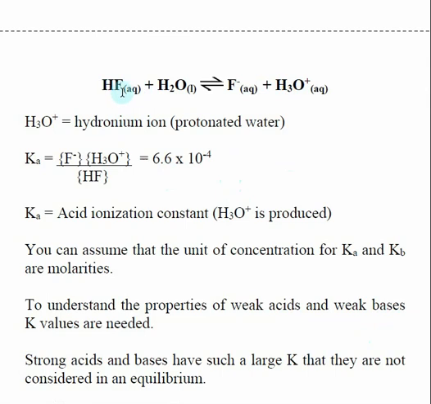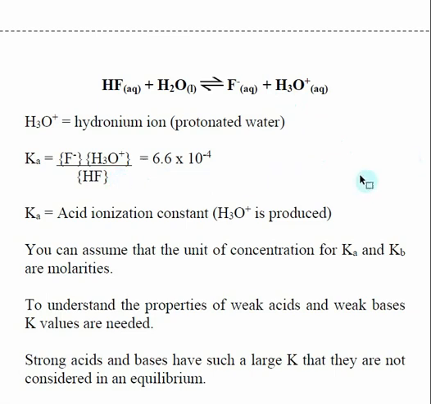So if we put HF into solution, only a very small amount of it will dissociate into H3O plus. So to be able to understand how acidic a solution of HF is, we need to know the equilibrium constant, and then we also need to utilize the equilibrium expression.